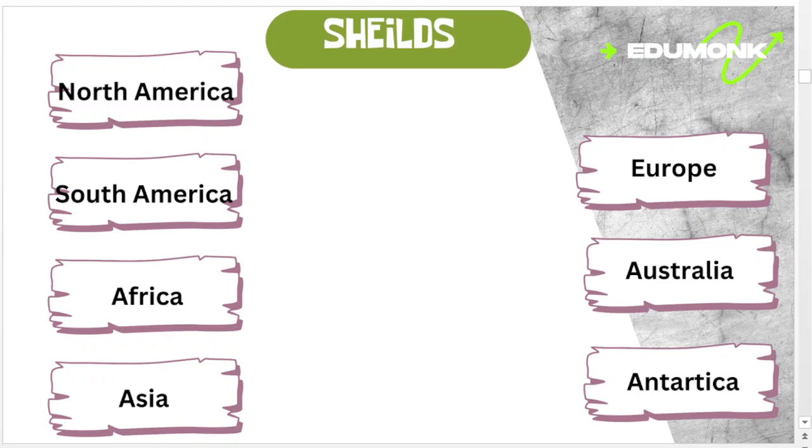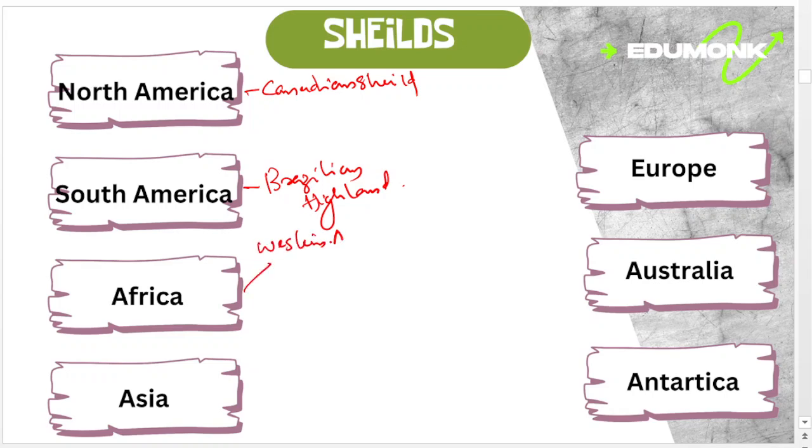So we can arrange these shields by continent. In North America, you can see the Canadian shield. In South America, you can see the Brazilian highland. Then in Africa, you can see Western Africa, Central Africa, and Northern Africa.